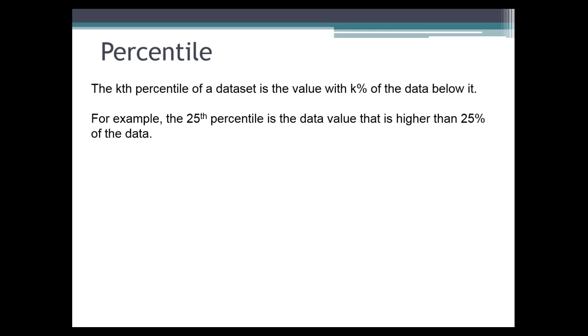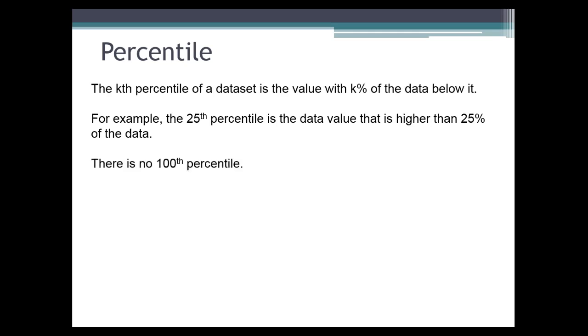So the 25th percentile would be the data value that's higher than 25% of the data. So there's only 25% of the data that's below that. If you are in the 25th percentile height-wise, that means that you're taller than 25% of people, which means you're on the shorter side.